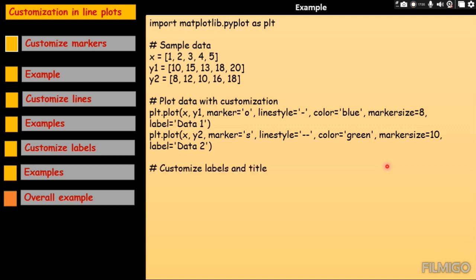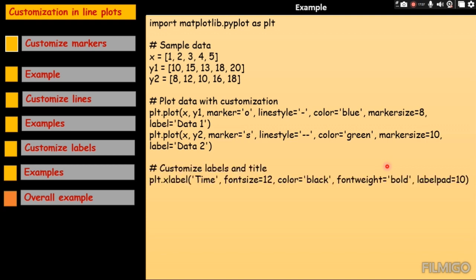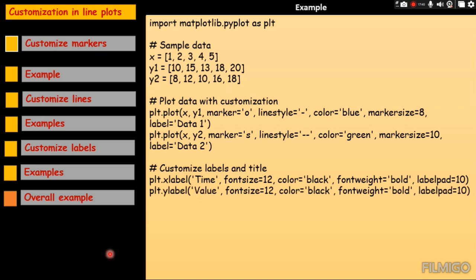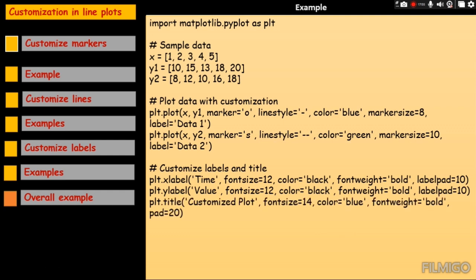Customize labels and title: plt.xlabel('time', fontsize=12, color='black', fontweight='bold', labelpad=10). plt.ylabel('value', fontsize=12, color='black', fontweight='bold', labelpad=10). plt.title('customized plot', fontsize=14, color='blue', fontweight='bold', pad=20).